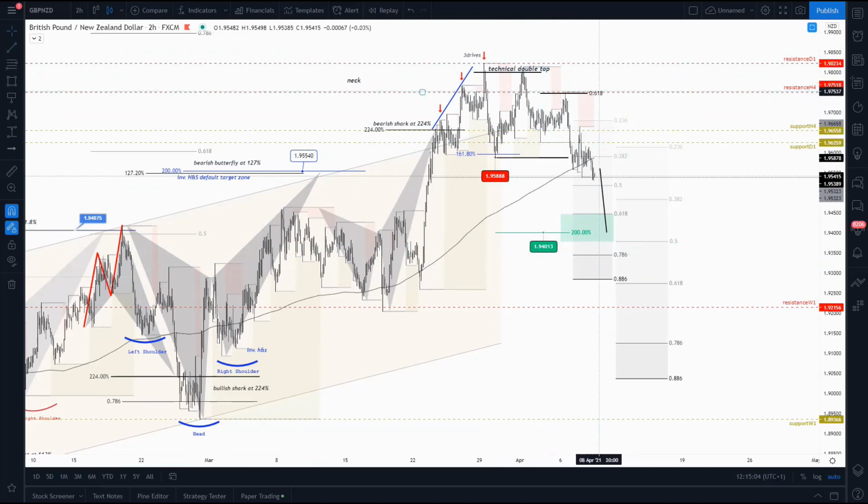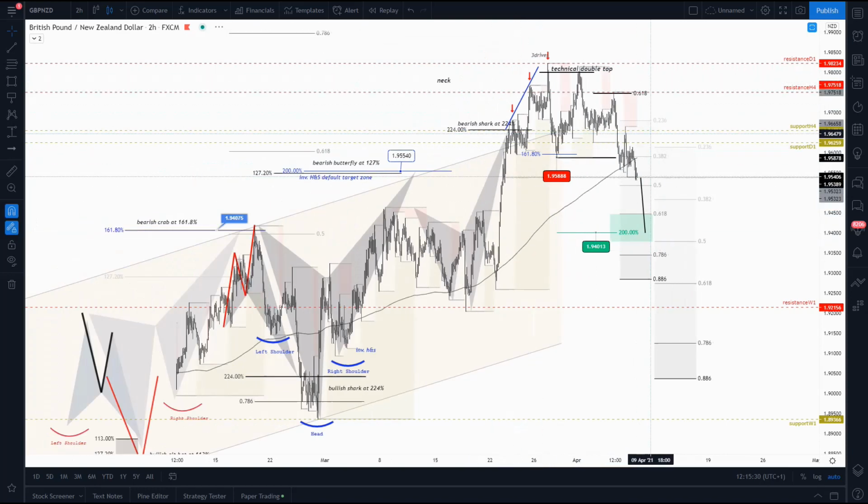Yesterday I was calling this a 2618, but it's not a 2618 because the price didn't violate the next zone. We need the violation of the next zone to confirm that technical double top, which is now happening. So I believe the market will be pushed even lower from here, and if that happens, I believe the market will target the default projection for the technical double top formed above.